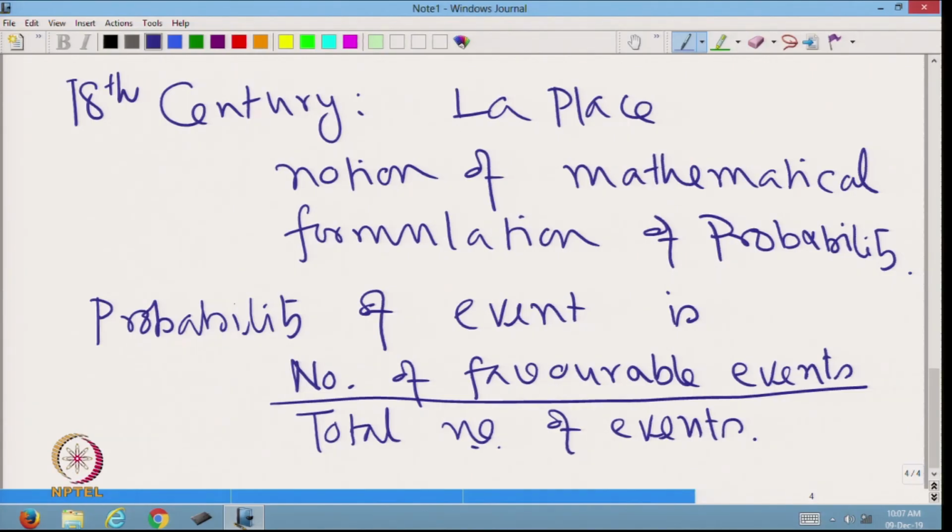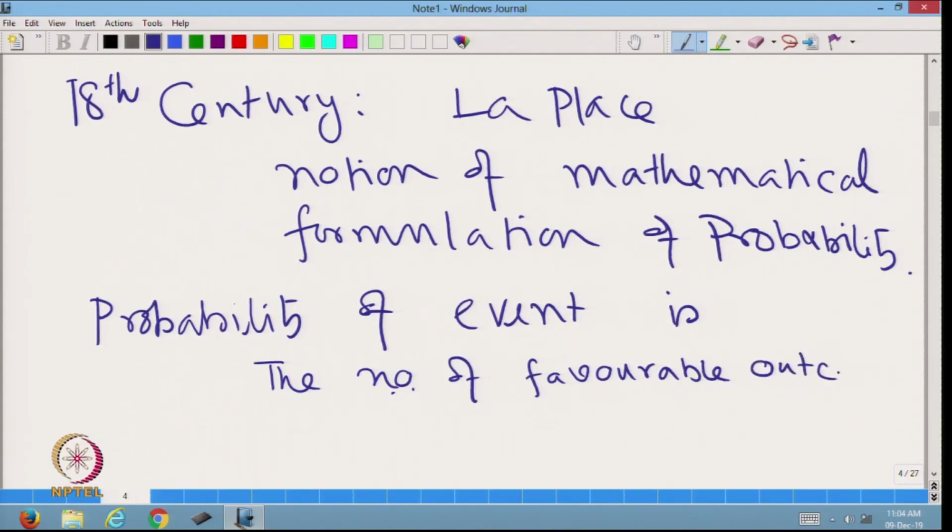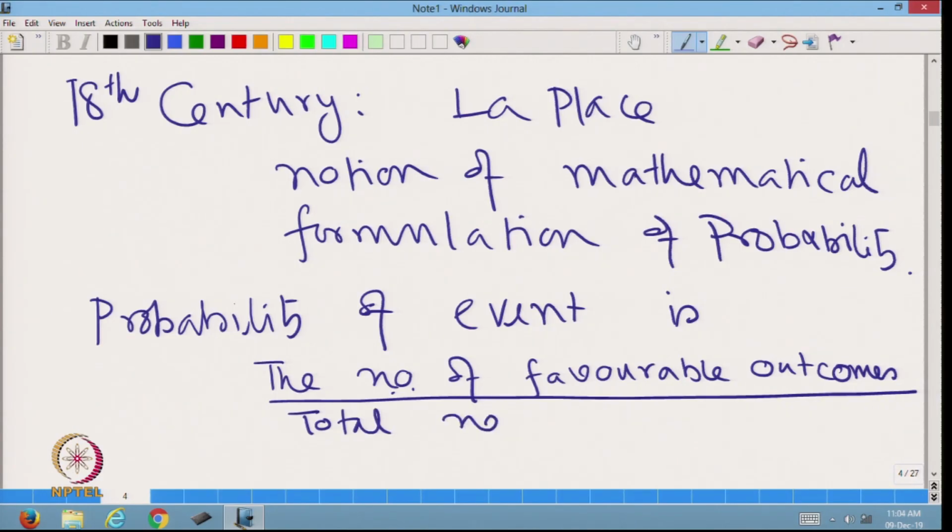That is, probability of the event is defined as the number of favorable outcomes over the total number of outcomes.